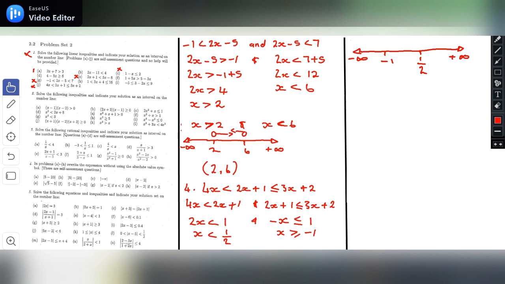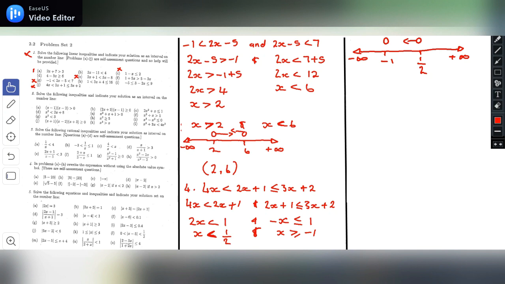Negative 1 here, and then, okay, yes, this is what we are going to have here. So now we can see that our x is less than 1 over 2, right? And then it's an open interval. Remember there's a sign here, and since it's an open interval, it has to go to 1 over 2. So our x is less than 1 over 2. It means it has to go to the negative side, right?